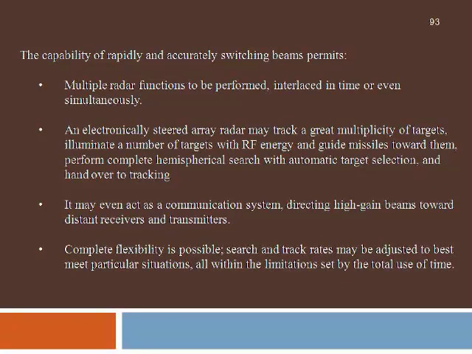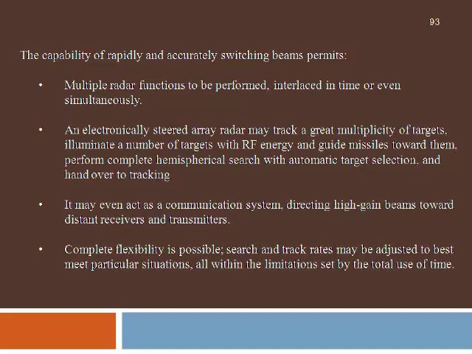An electronically steered beam may track a great multiplicity of targets, illuminate a number of targets with RF energy and guide missiles towards them, perform complete hemispherical search with automatic target selection and handover to tracking. It may even act as a communication system, directing high gain beams toward distant receivers and transmitters.